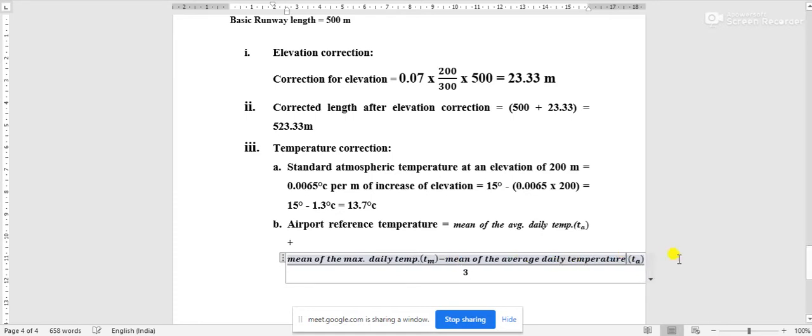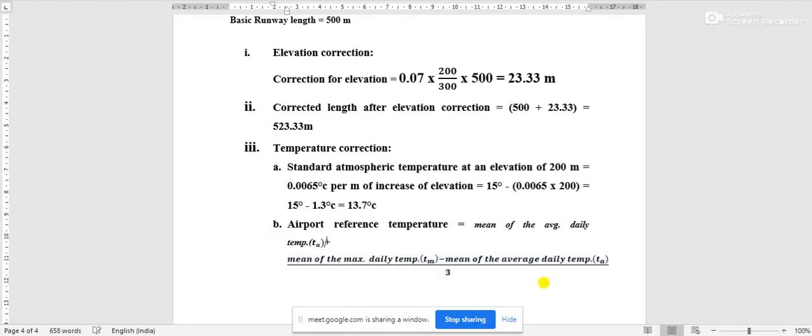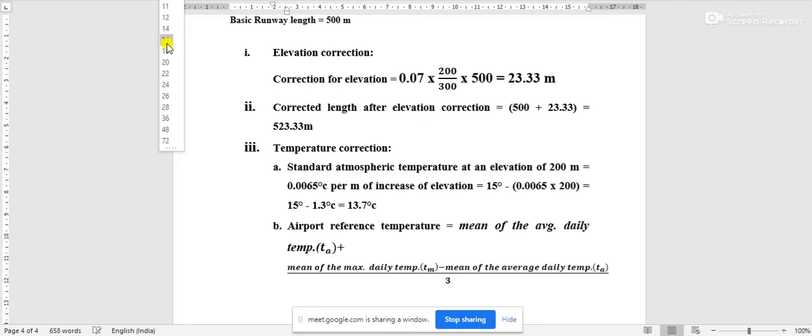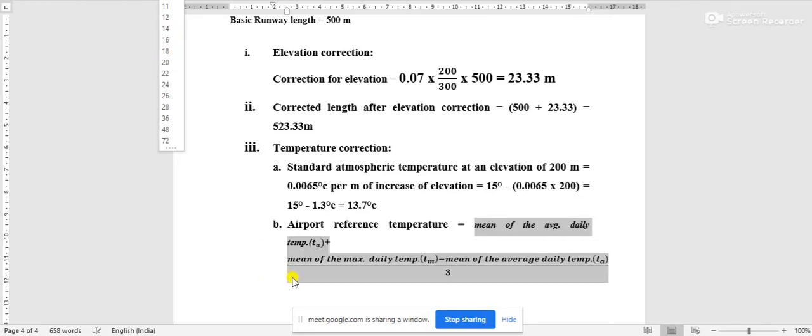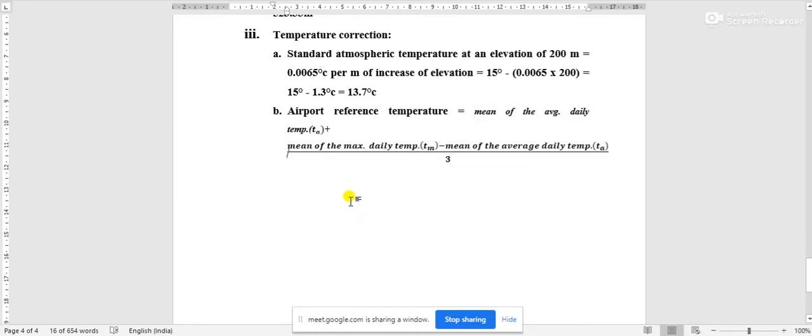I am writing all the words in short form. Please try to understand. And this is the equation for airport reference temperature.